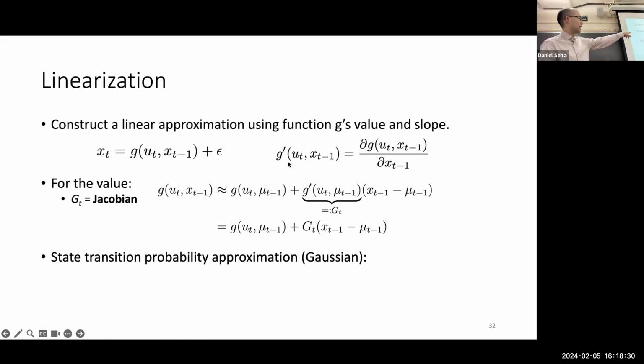If you're wondering why there are two arguments here, u_t and x_{t-1}: u_t we assume we know because the robot commanded itself to do something. The interesting variable here is x_{t-1}, especially because that's the thing we're trying to estimate. So we only differentiate with respect to the x_{t-1} part.